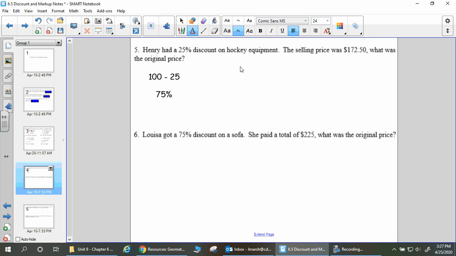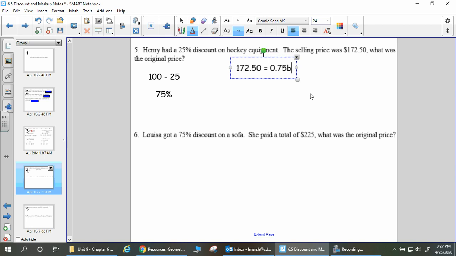We're going to set this up saying that what we paid is equal to 75%, 0.75 of the original price.